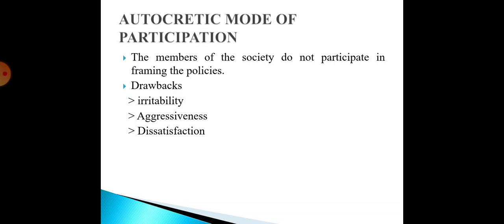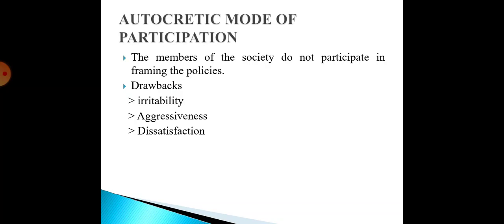Next, aggressiveness. He thinks, I have power, so why should I listen to everyone? He goes on in an aggressive manner all his life, grabbing from poor people. Next, dissatisfaction. He is not satisfied because he is only ordering everything.